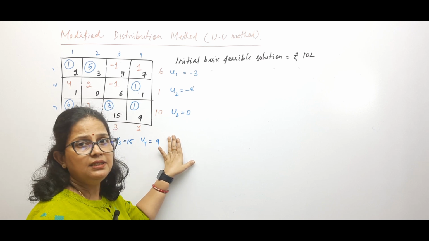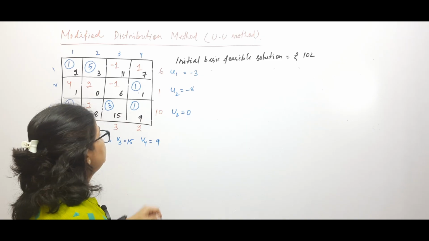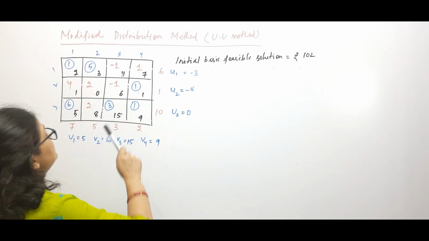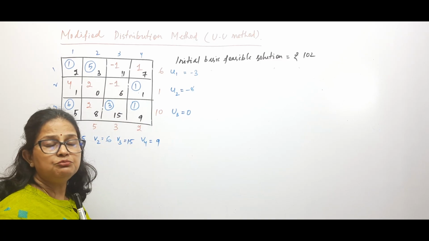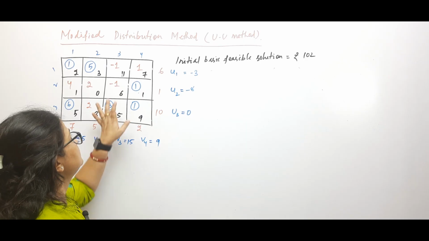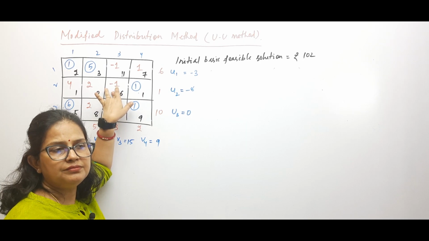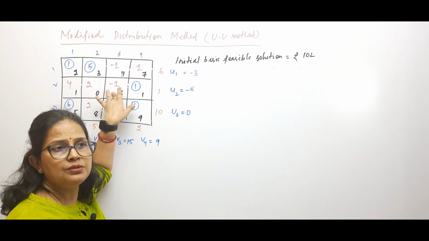For the optimality test, we first need to do the first iteration. So how do we do the iteration? Here two negative numbers are there. We have to identify the most negative delta ij value, because we need delta ij to be greater than or equal to 0.